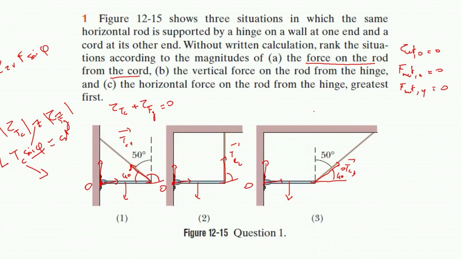So for question number A, TC in magnitude is the same for 1 and 3, so tie. For 2, it's smaller because you have a sine of 90 degrees.